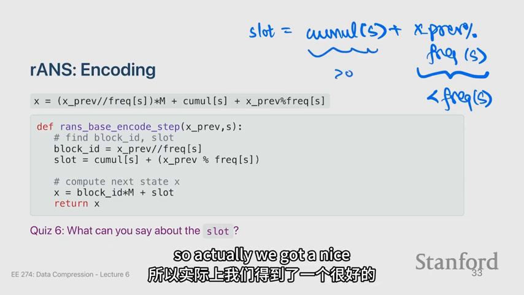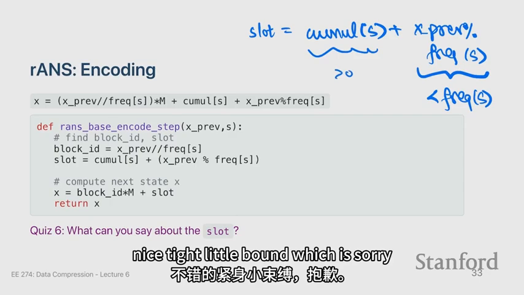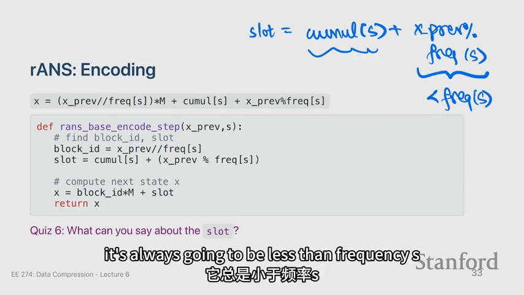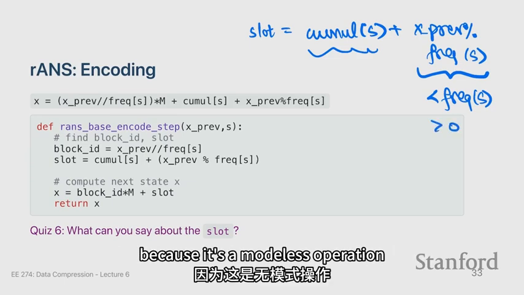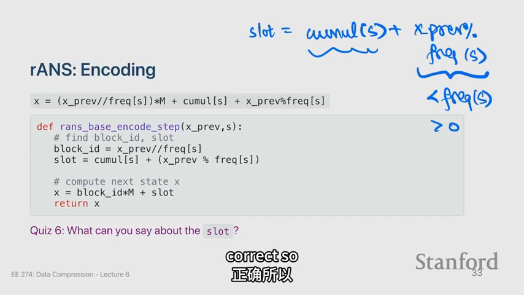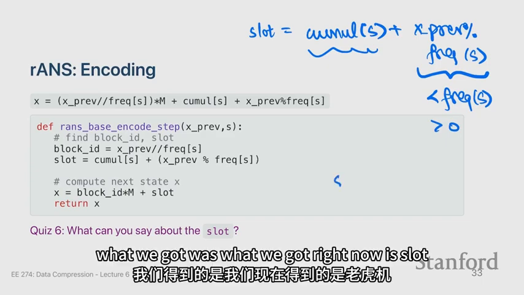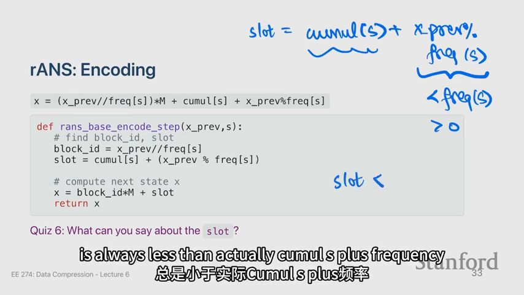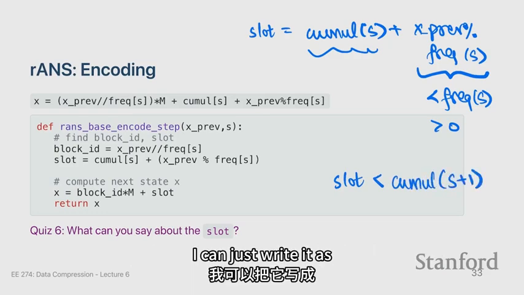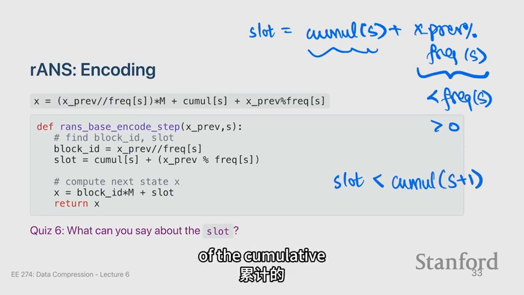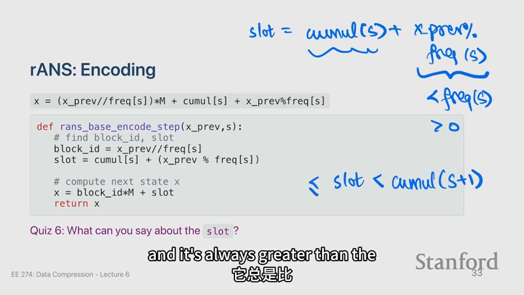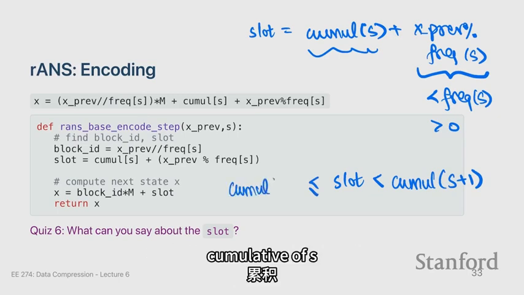So we got a nice tight little bound: the slot is always less than cumulative plus frequency, which I can write as the cumulative of the next symbol, because that's the definition of the cumulative. And it's always greater than the cumulative of s.